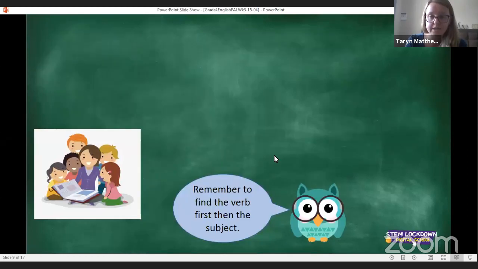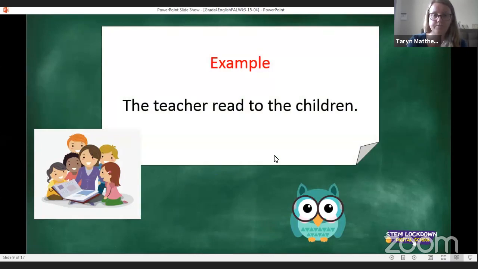So with this next sentence, I want you to find the verb first, and then we're going to look for the subject. So my sentence is, the teacher read to the children. So you can see in the picture, there's an example, the verb, and then you can tell me what the subject is. So my verb is, yes. Oh, you guys are good.